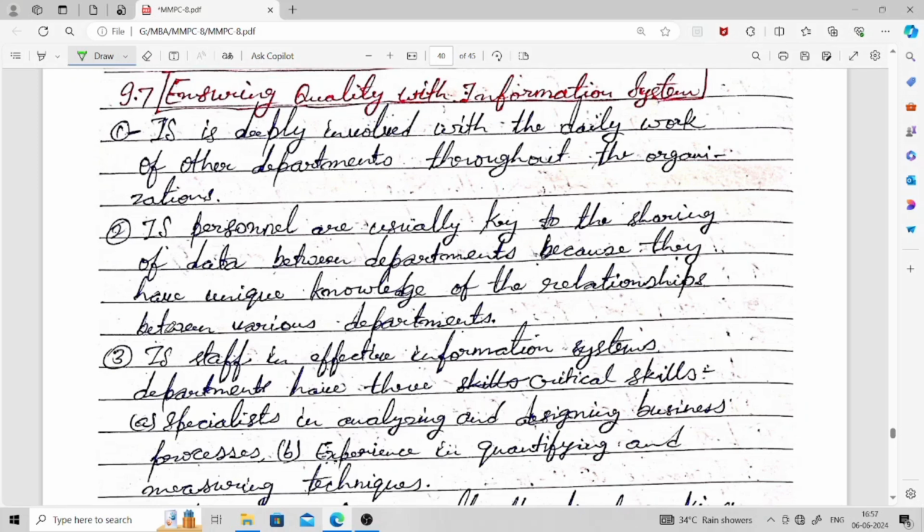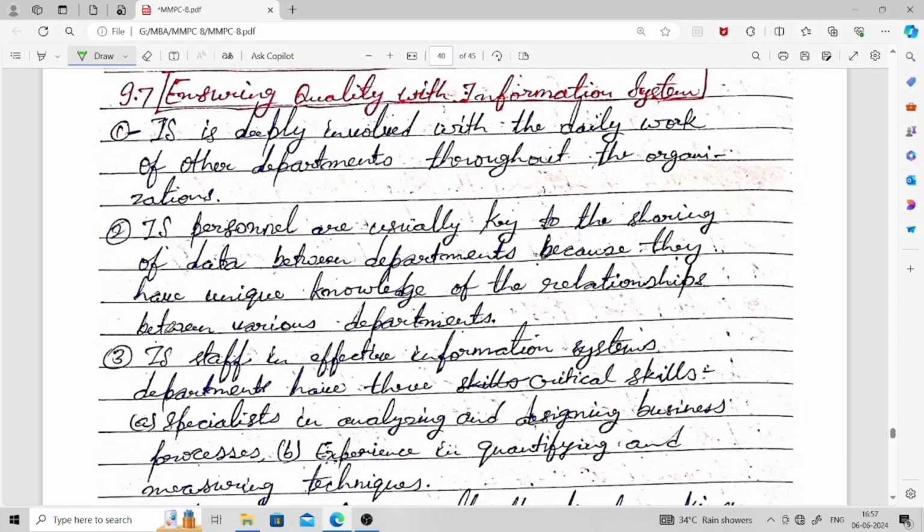Second, information system personnel are usually key to the sharing of data between departments because they have unique knowledge of relationships between various departments. So they are key persons who usually share data between departments.